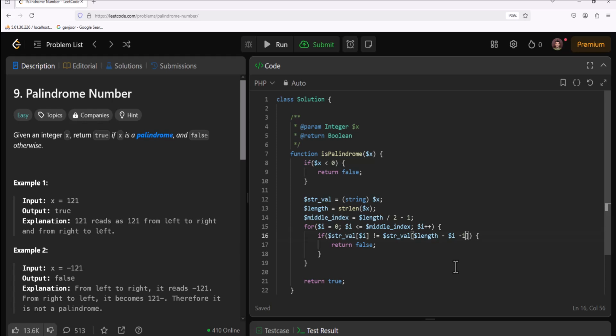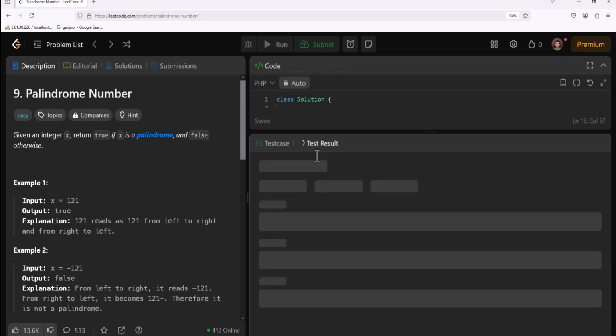What if we say 1? So length would be 2 minus 0 is 1, it would be 1, and then we have all of this. Let me check, I'm not sure about this.